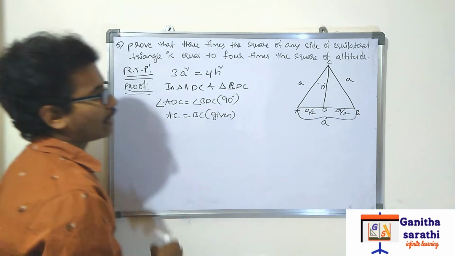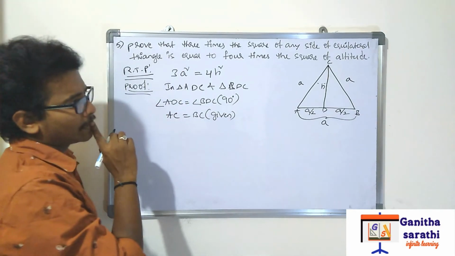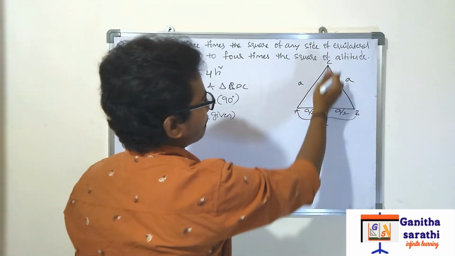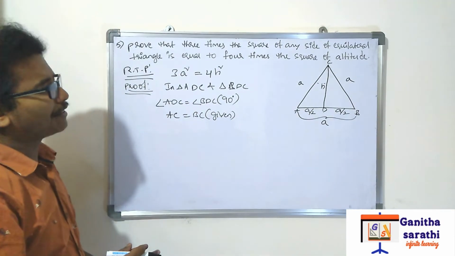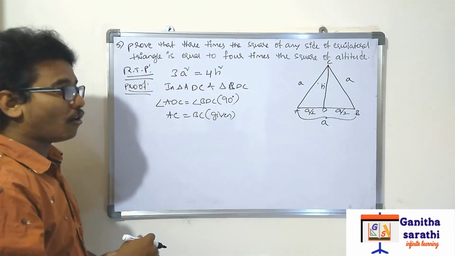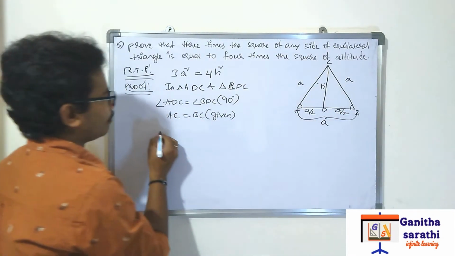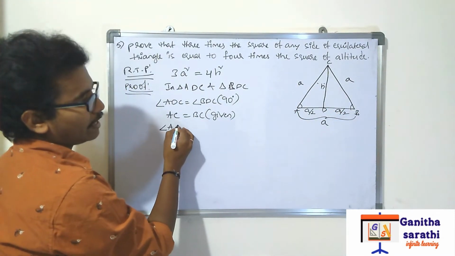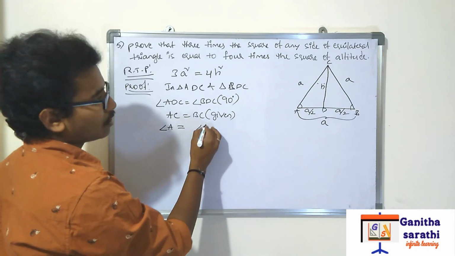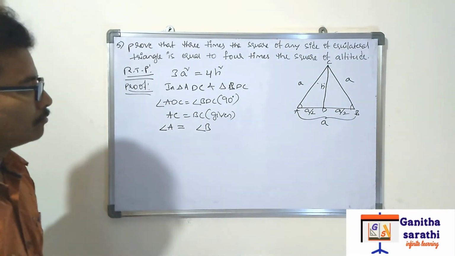And also we can write CD is equal to CD, common side, right? Or you can take angle A is equal to angle B, that one you can write.